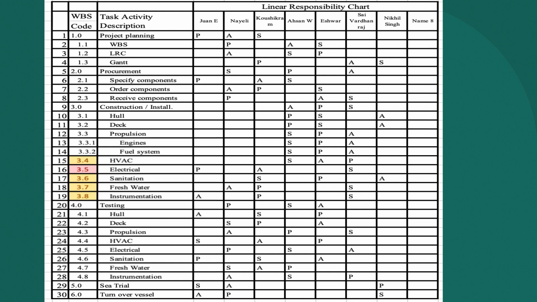The WBS codes and task activity descriptions are project planning, WBS, LRC, Gantt, procurement, special components, order components, receive components, construction installation, hull, deck, propulsion, engines, fuel system, HVAC, electrical, sanitization, freshwater, instrumentation, testing, hull, deck, propulsion, HVAC, electrical, sanitization, freshwater, instrumentation, sea trial, turnover vessel.